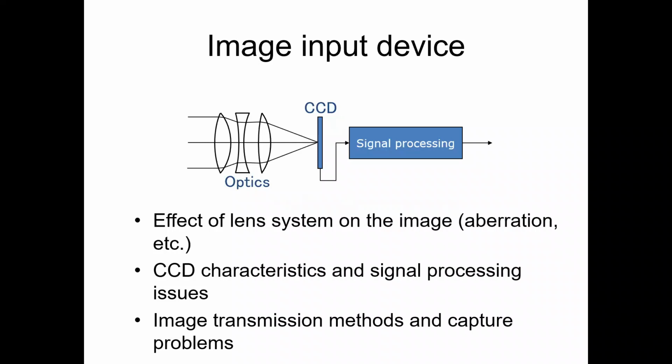The light comes through the optics and hits this imager, and then the light information is converted to electronic information. The input is a photon, but it's converted at the imager to an electron. Then it goes through signal processing.